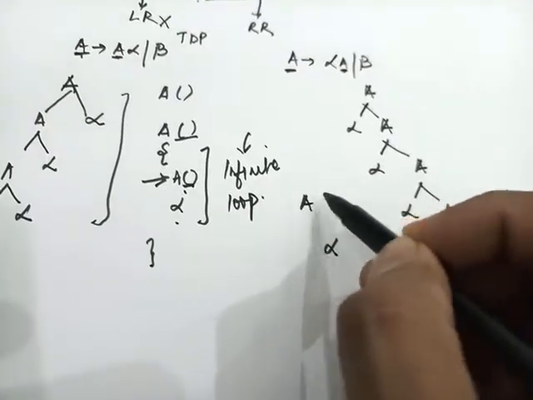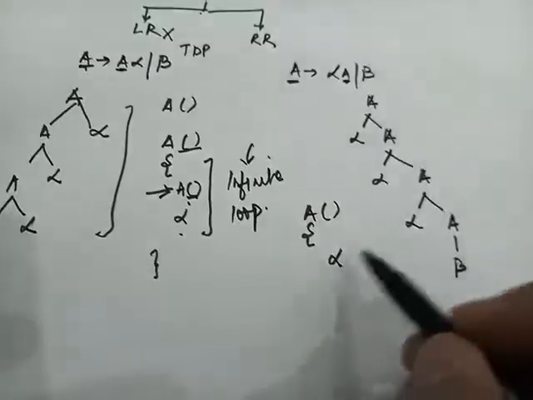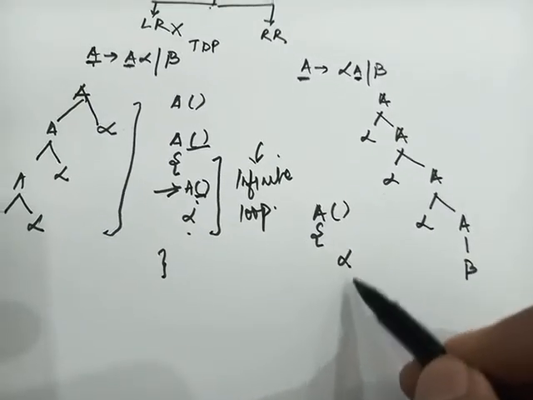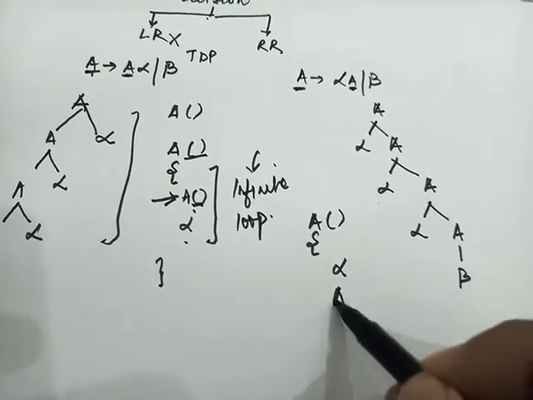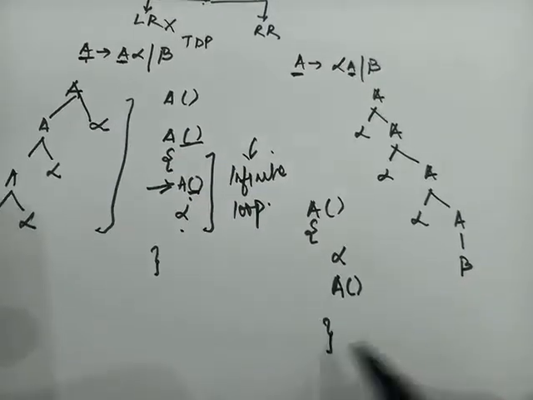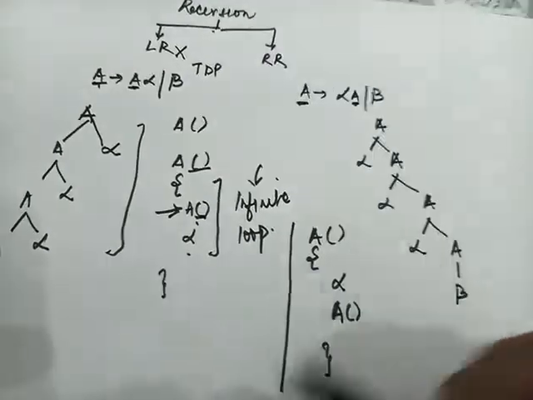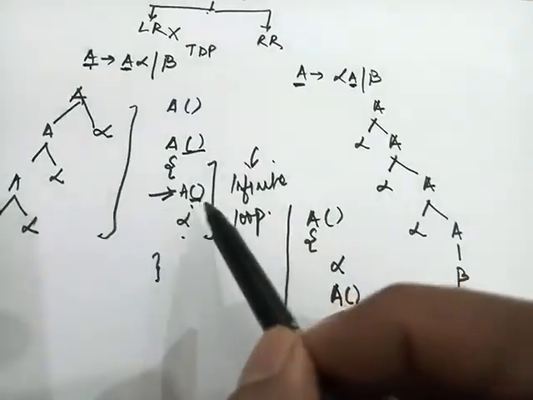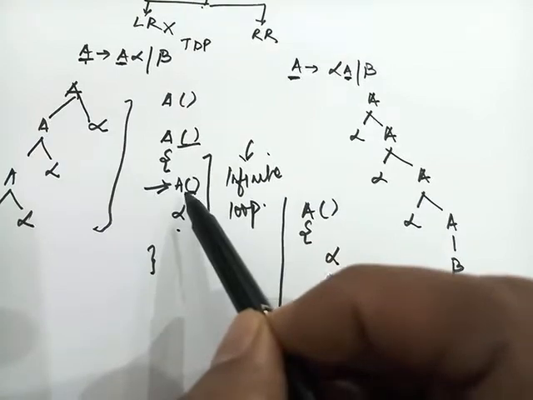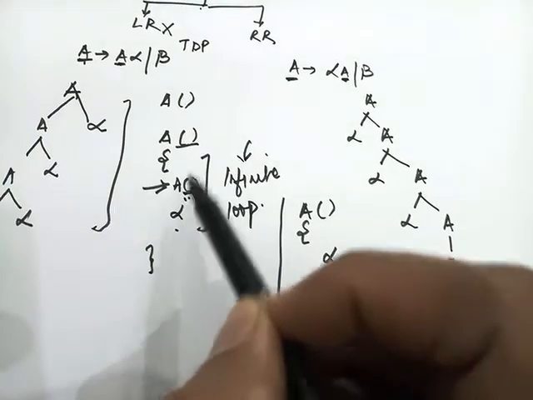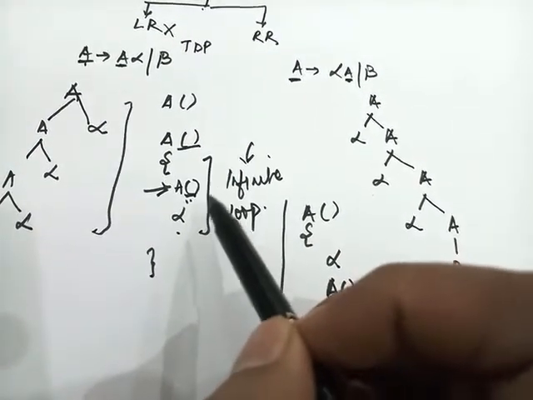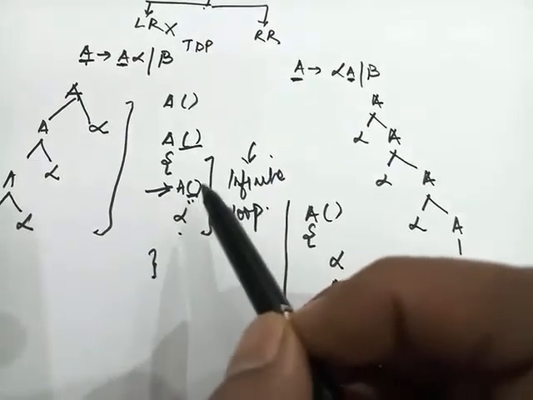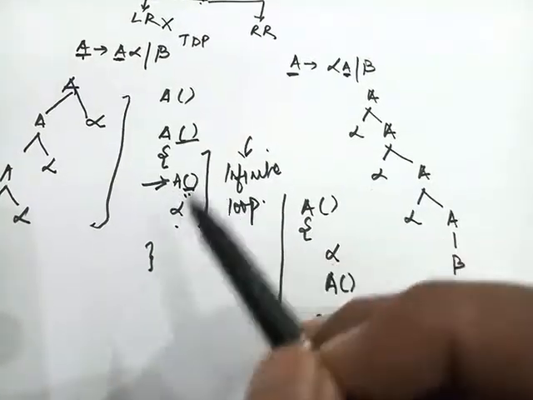Just suppose I am calling a function, first alpha will be considered, and then it calls itself. Now in this case, as you can see, both are in parallel. Here the function calls itself first, so there may be a chance of infinite loop, because every time it is going to call itself first, then alpha.